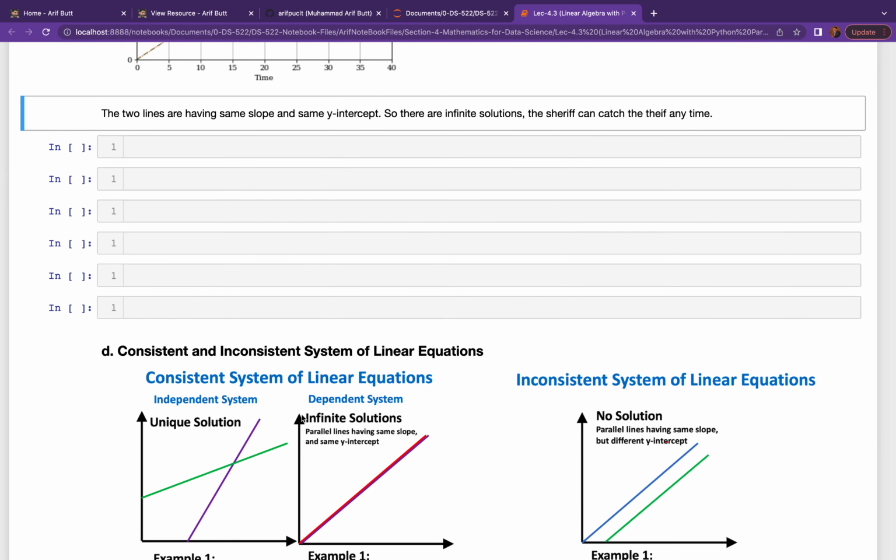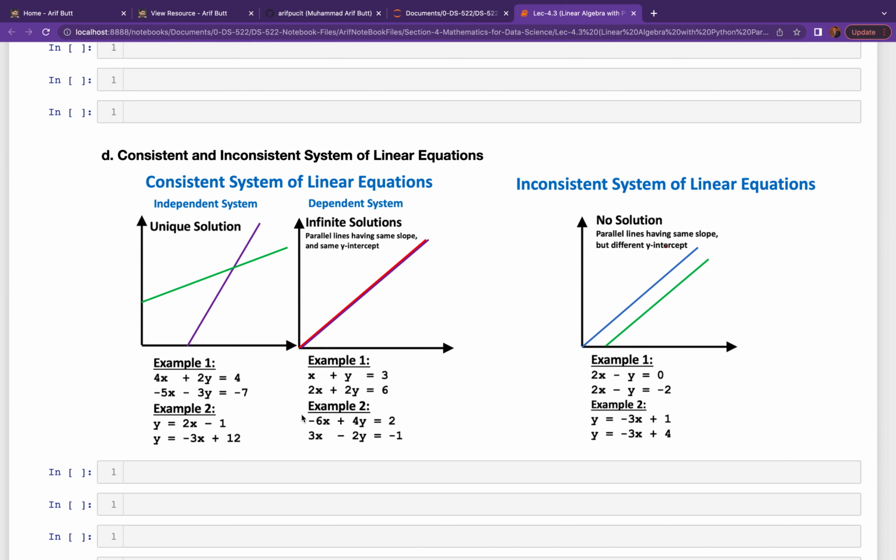Great. Fine. My dear friends, let me sum up what we have learned so far in this section. In case of a system of two linear equations having two variables, these are the three possible scenarios.